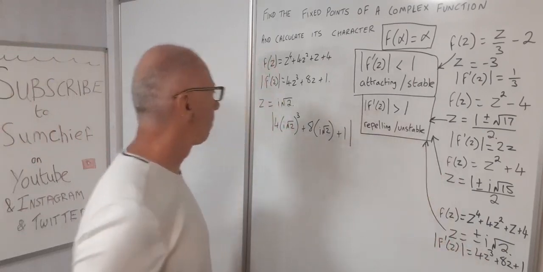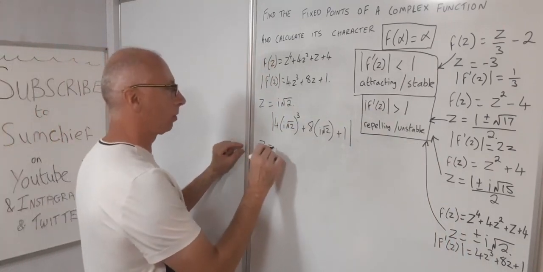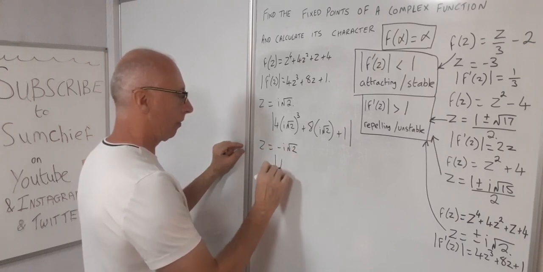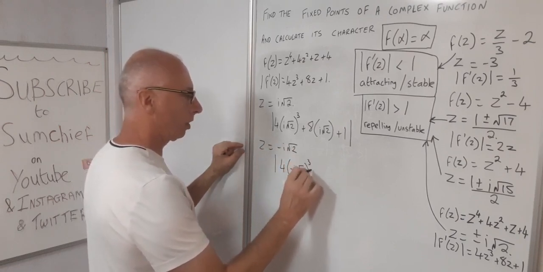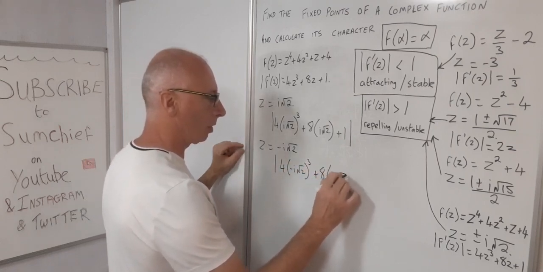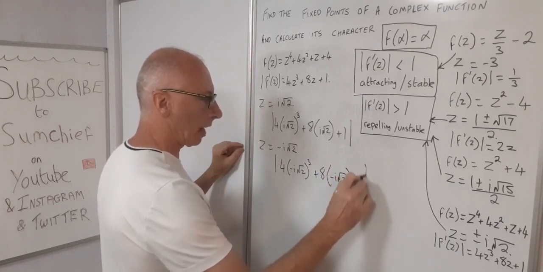So that's that one. Now what about the negative value? z equals minus i root 2. So now we're going to have 4 times (negative i root 2) cubed plus 8 times negative i root 2 plus 1, and then take the absolute value.